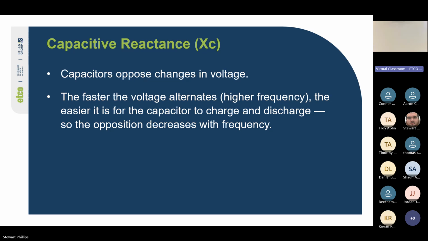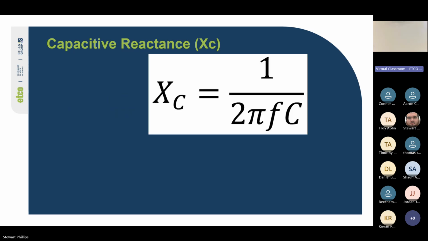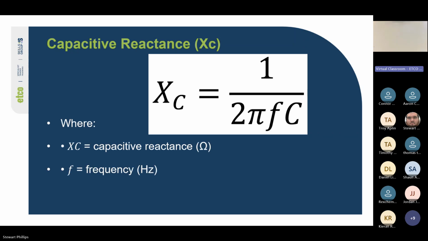And it is given by the following formula. So our capacitive reactance is equal to 1 over 2 pi FC, where XC equals our capacitive reactance, F is equal to our frequency, and C is our capacitance.